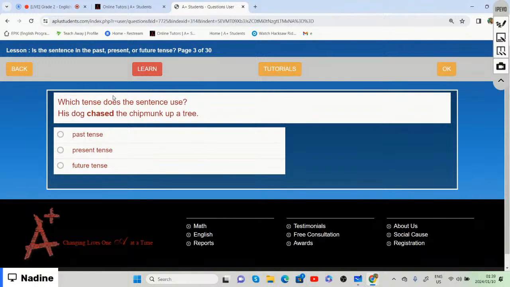His dog chased the chipmunk up a tree. So his dog chased the chipmunk up a tree. Look at the word chased, ending with an ed. Chased. Is that in the past tense, present tense, or future tense?